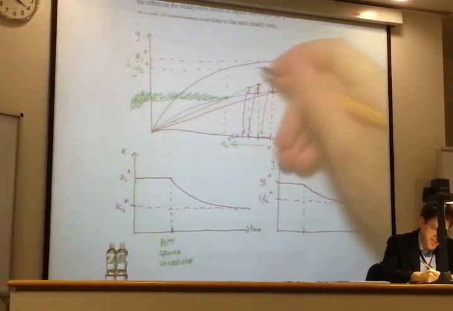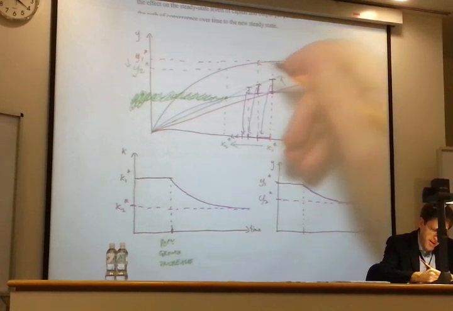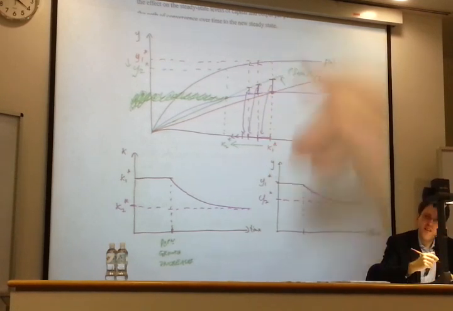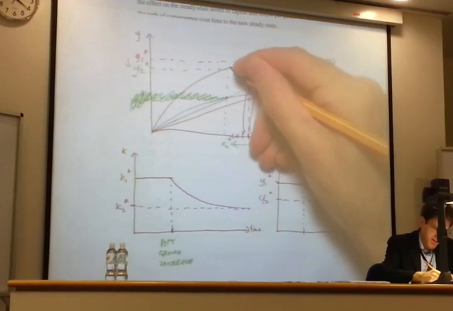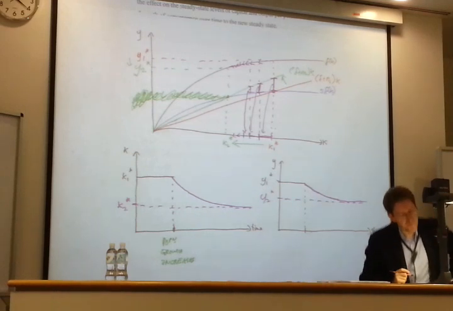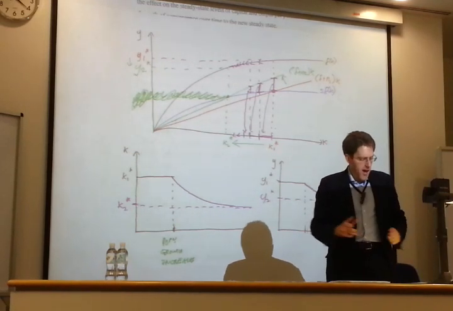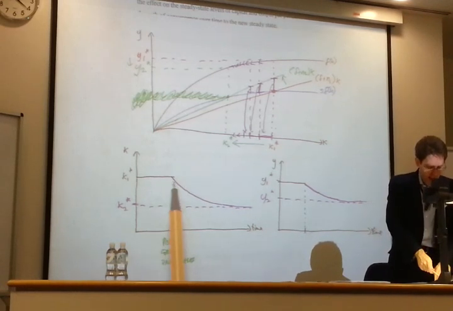That's why we draw it like that. Now, as a result of these steps getting smaller and smaller, the movements along the production function, each year they get smaller and smaller as well. So the output steps get smaller and smaller. So again, we draw the pattern. I'm not really bothered that it has exactly this shape.